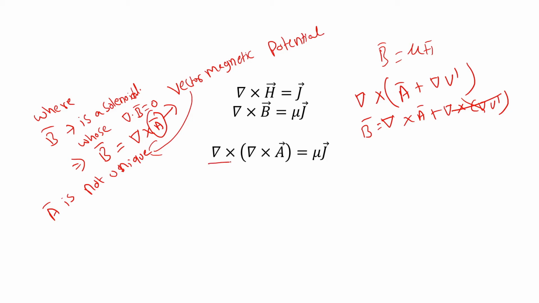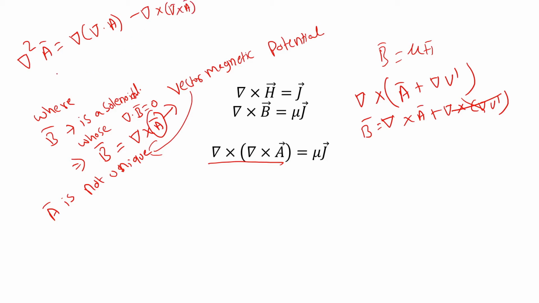And for this del cross A bar, if we observe the expression for the Laplacian of a vector field, del square A bar is equal to the gradient of its divergence minus the curl of the curl.